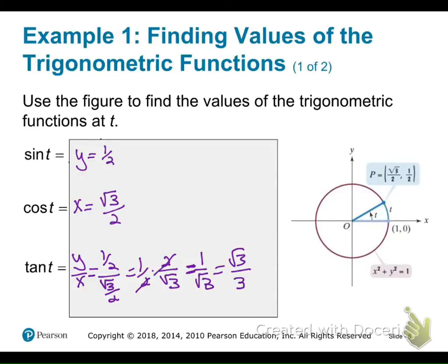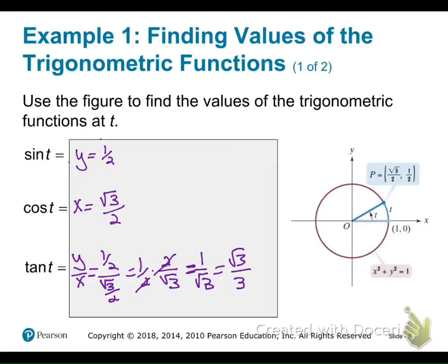Do we have any questions on how we arrived at these? All of this comes from the fact, yes, Jordan? Okay. So on the last slide, we learned how these were defined on the unit circle, so that you saw that sine was going to be your y coordinate. So we came over here to our y coordinate, and your y coordinate is the second one. So whatever it is, it's going to go in for sine. And then the same thing happened for cosine. Cosine is always going to be your x coordinate.